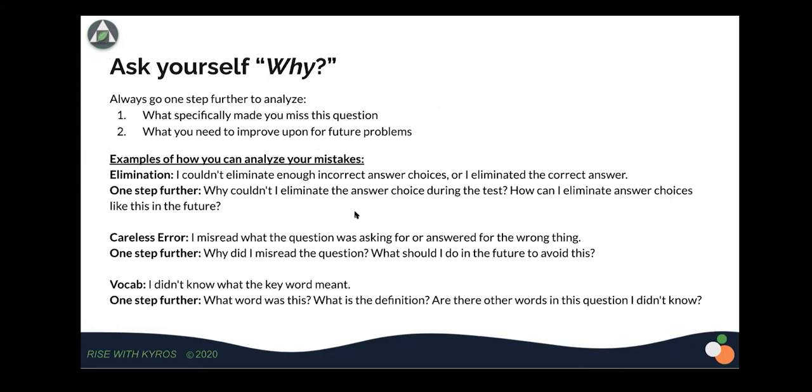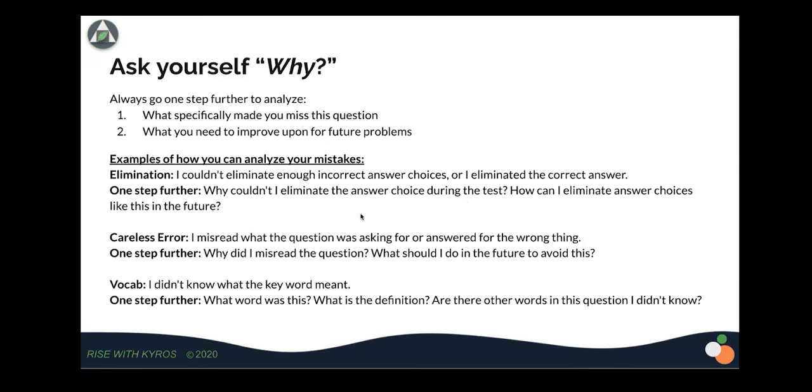So, for example, elimination: you couldn't eliminate enough of the incorrect answers. As I said, for the reading section, a lot of the time the answers might seem correct, but try to eliminate the incorrect answers rather than trying to choose an answer that seems correct. If you couldn't eliminate enough incorrect choices, why couldn't you eliminate the answer choice during the test?